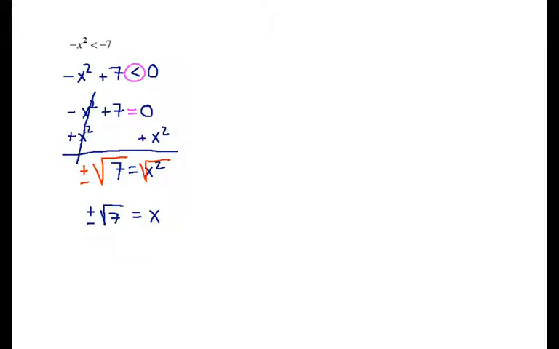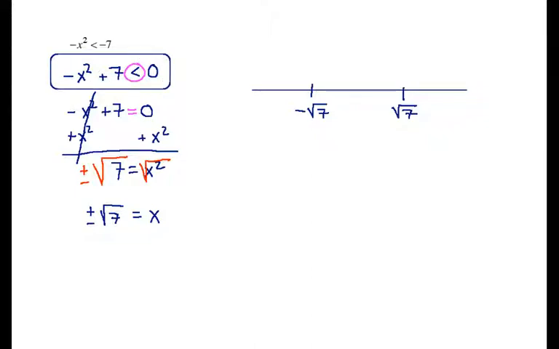So I can now mark up a number line, putting negative square root of 7 on the left and positive square root of 7 on the right. And I want to go back to this form of the inequality for everything. I need to look at this for marking up the number line and for determining the solution region, right?